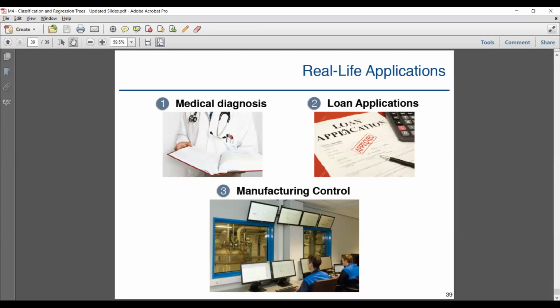And then you have its application in loan applications. If a person were to apply for a loan, you could use such algorithms to basically predict how likely it is that the person would return the loan, and whether they would return it in time.